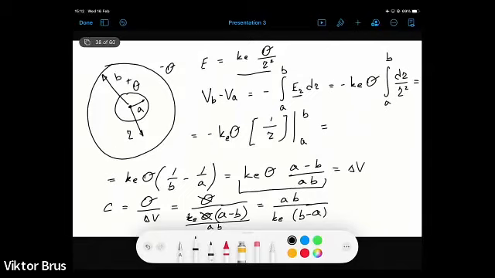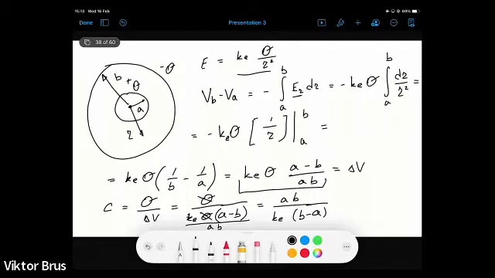And that is in line with our previous findings for all capacitor systems, regardless of their geometry, like shape. All of their capacitance was determined only by the geometric factor.